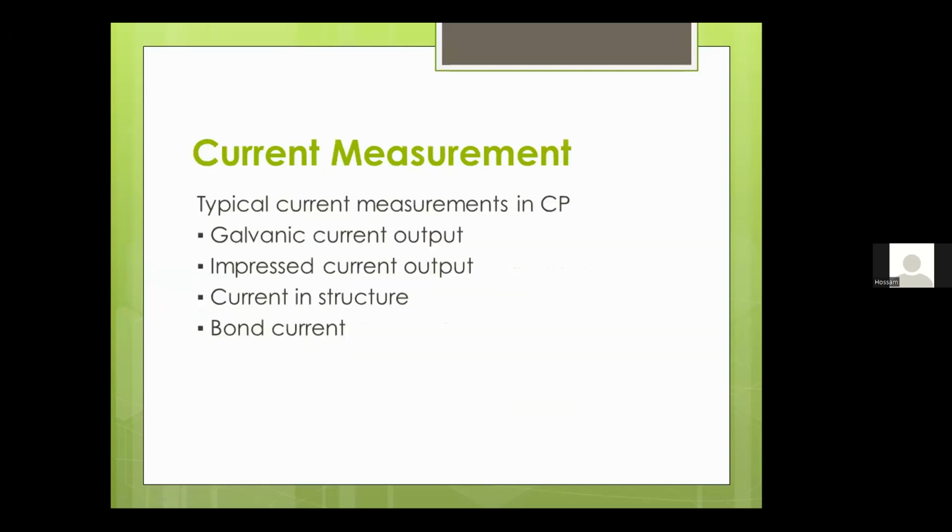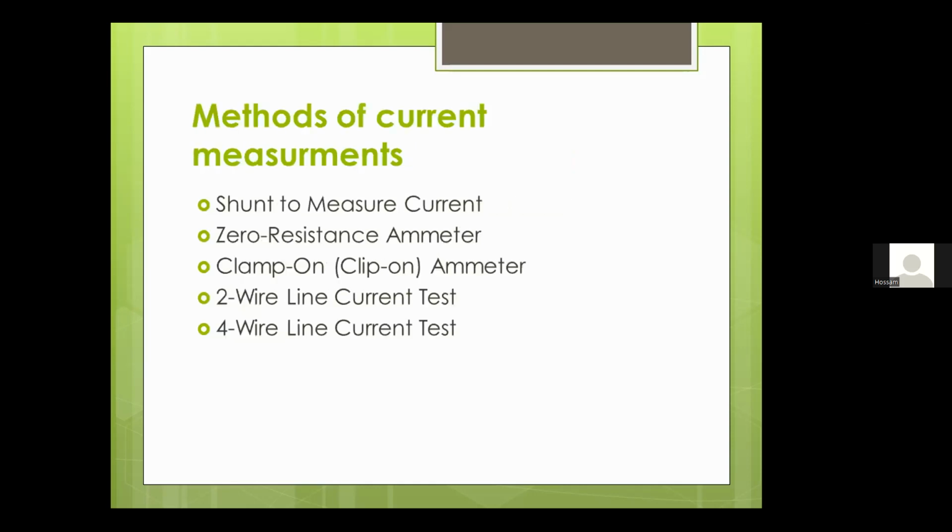Current measurement. We have many methods to measure the current. We can measure the galvanic current output, or the impressed current output, or the current in the structure, or the bond current, by measuring through a shunt, or using a zero resistance ammeter, or by using a clamp meter.